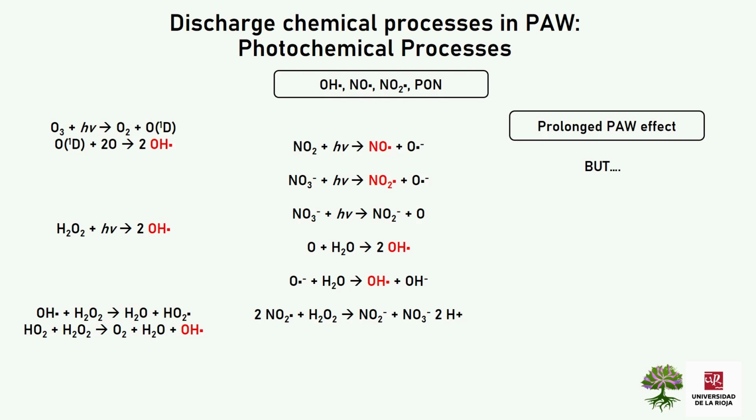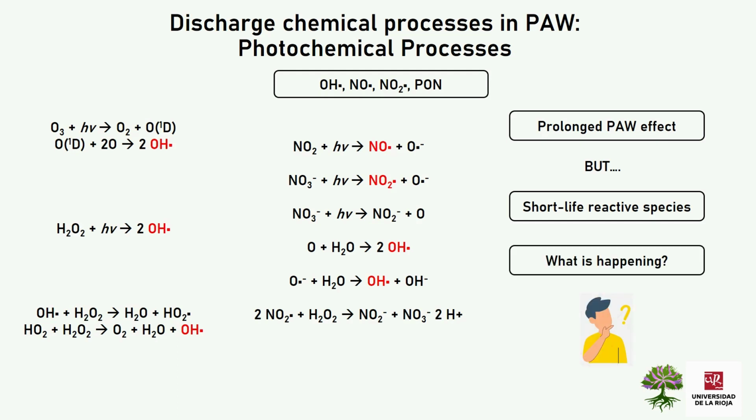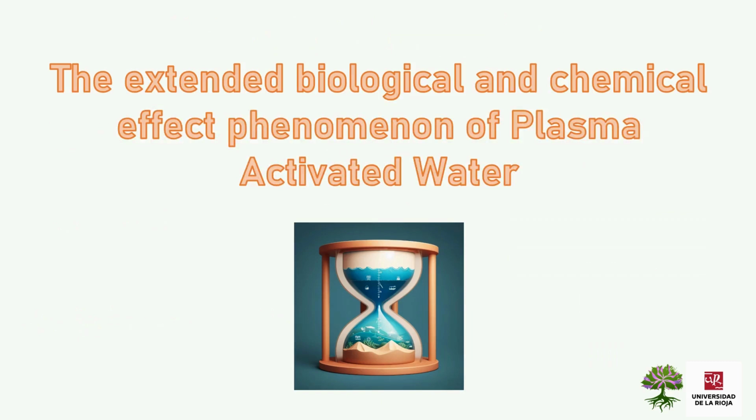Furthermore, there are some plasma-activated waters with strong activity after long times of storage. But why? We know that the lifetime of the most important reactive species is really short. Then, what is happening? At that point, we move to explain the extended biological and chemical effect of plasma-activated water.